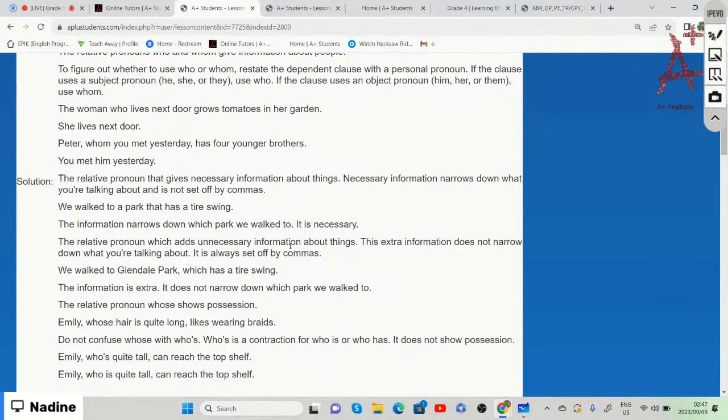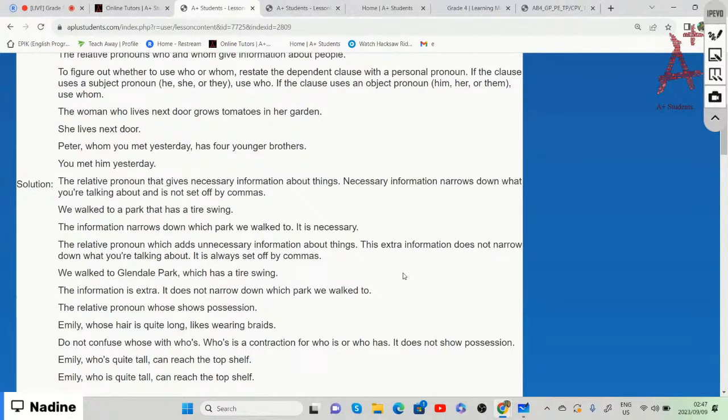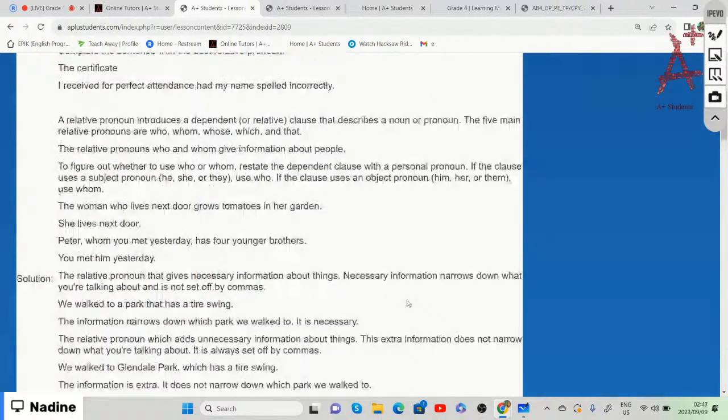So that is the five relative pronouns broken down with examples. Relative pronouns introduce a dependent or relative clause that describes a noun or pronoun. Please do not get confused with whose and who's.